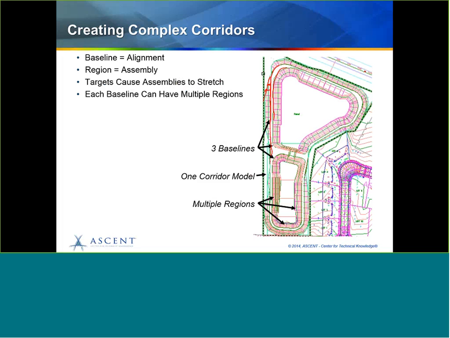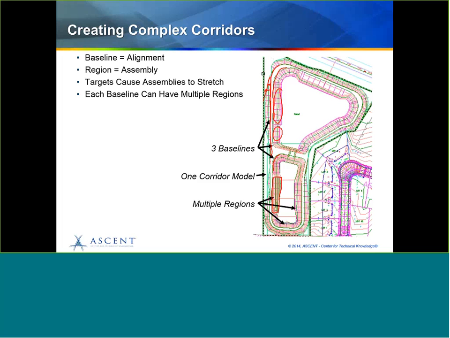So we have the North Bay alignment, the South Bay alignment, and then different assemblies or regions applied at different places. So in this area, you can see I have a benching solution or region. And in this area, I believe that one's my 30% slope, and this one's my 45% slope.